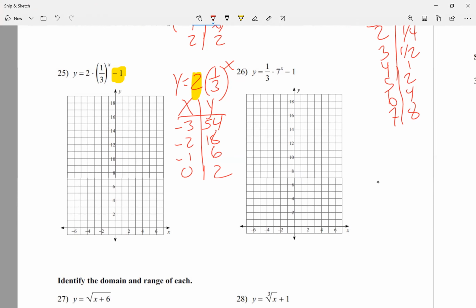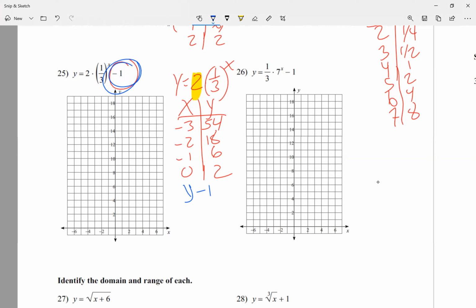And now I'm going to come back to the number that I ignored at the beginning. Remember, I ignored this -1. All right, on my y values, let me subtract the 1. For the y value, we treat it the way we see it, y -1. So let me leave my x values alone.